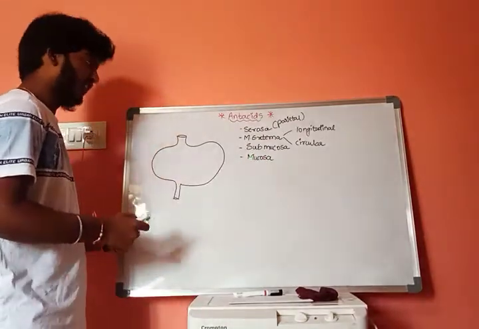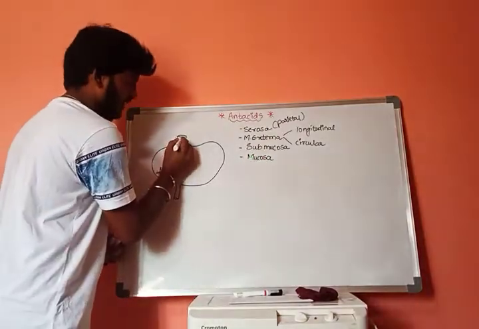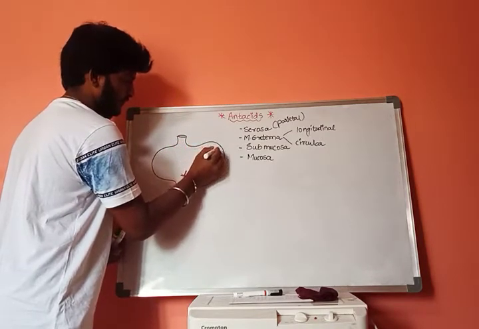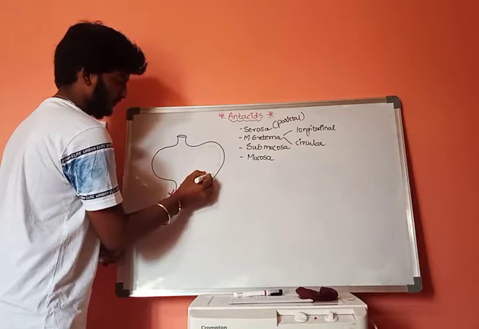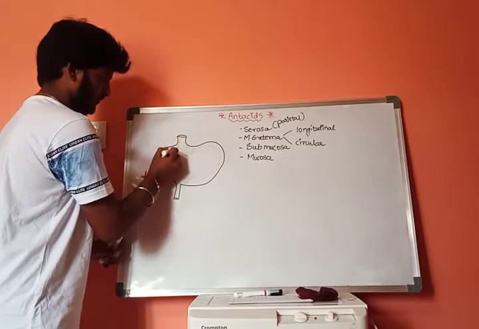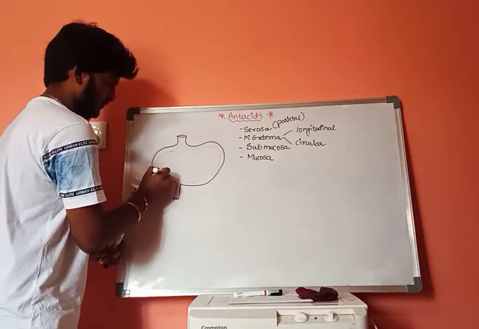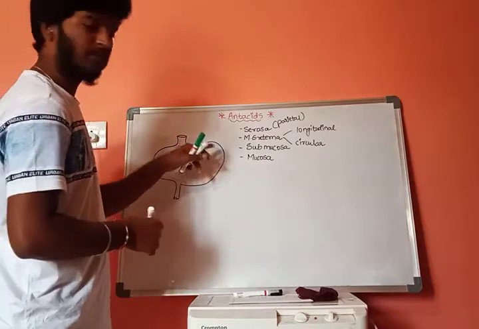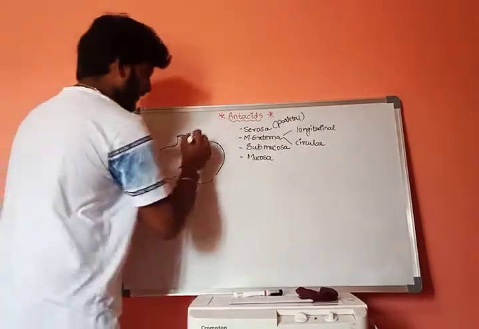If you draw a diagram like this, this red color one is the outermost layer and it is called the parietal layer.